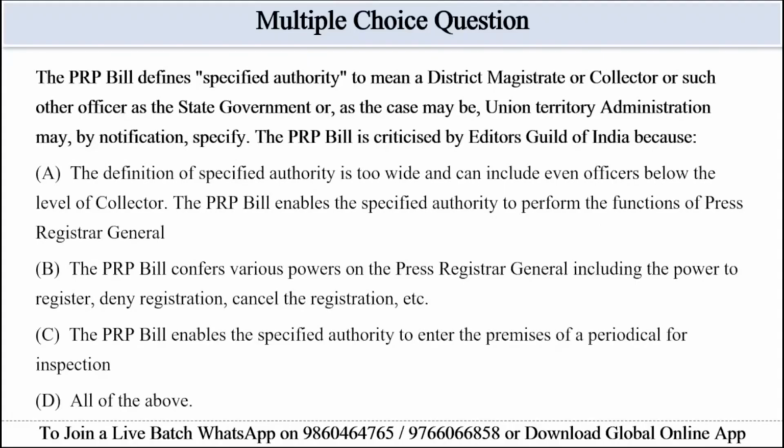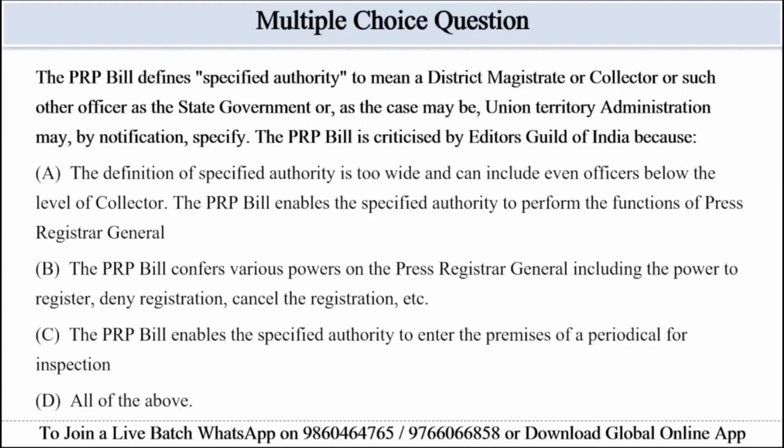Next question is, the PRP bill defines specified authority to mean a district magistrate or collector or such other officer as the state government, or as the case may be, Union Territory Administration may by notification specify. The PRP bill is criticized by the Editors Guild of India because this question asks which stated reason aligns with the Guild's criticism about the breadth of powers of specified authorities and the registrar.